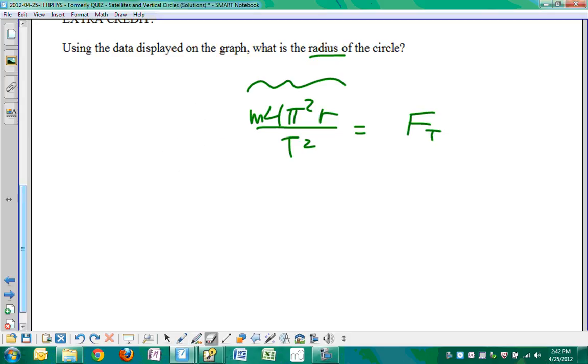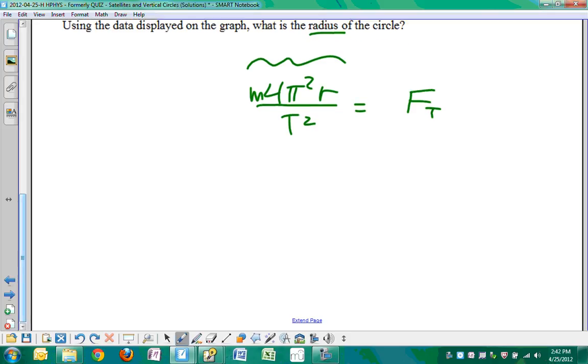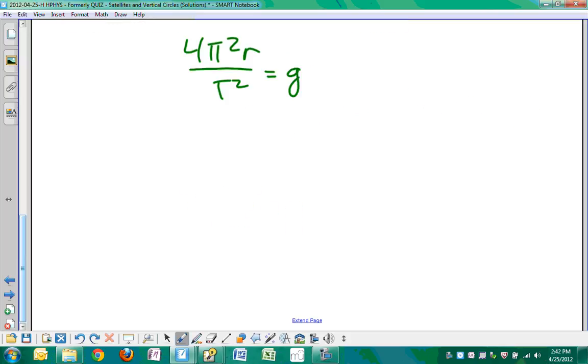Based on the tension being equal to mg, the m's cancel out, and we get 4 pi squared r over T squared equal to g. Rearranging, r is equal to g T squared over 4 pi squared.